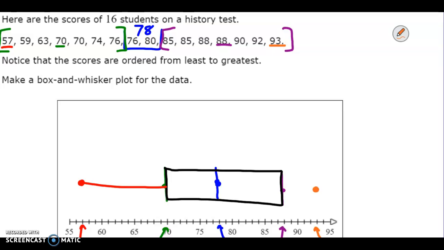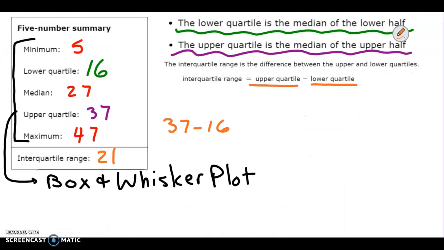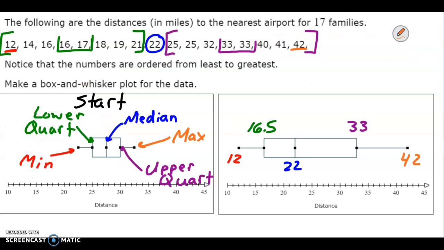You can tell that the whisker on the right-hand side is quite a bit shorter than the left-hand side. But on Alex, you would start with that box and the whiskers, and you're dragging those points to where they need to be. Okay, so those 5 values that we found in that first example, those are the 5 values that make the box and whisker plot.